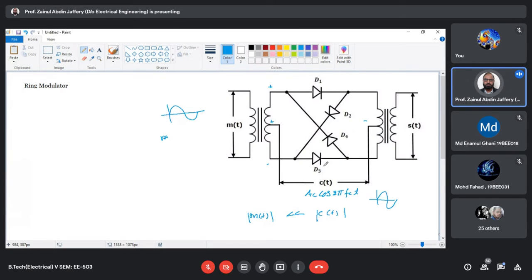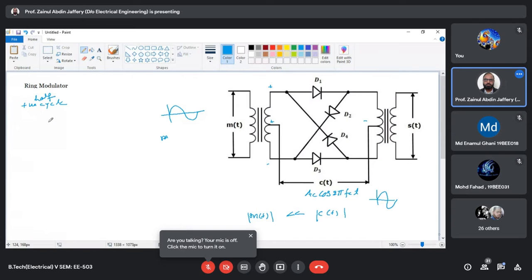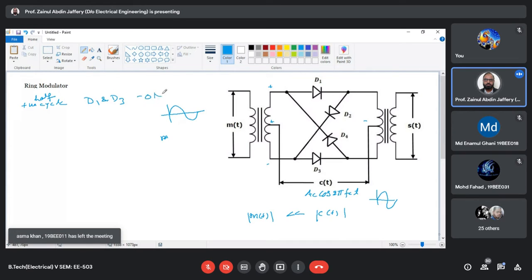Okay, I mean, so in first half cycle, for positive half cycle, in fact, this D1 and D3 will be on condition, and D2 and D4 will be in off condition.